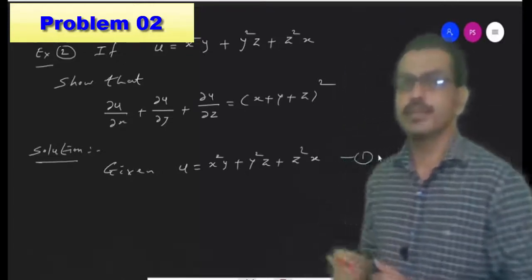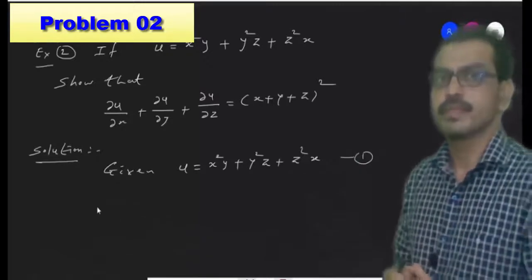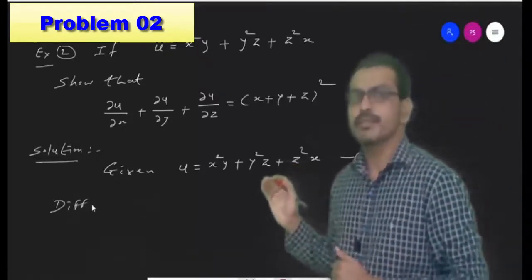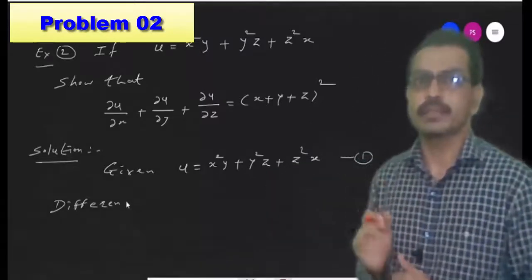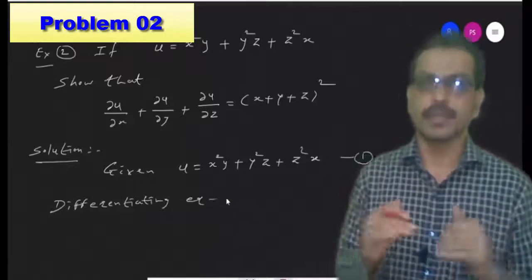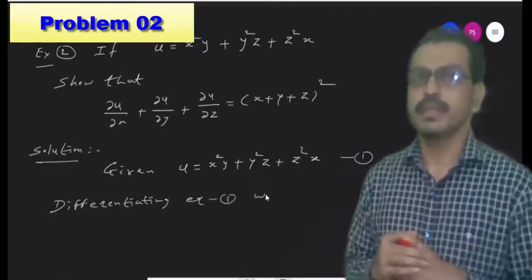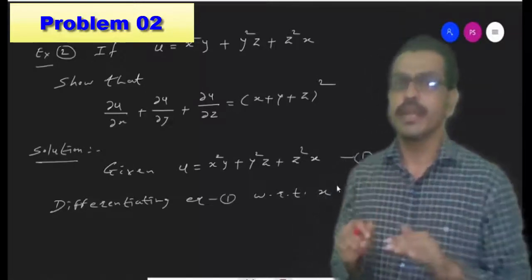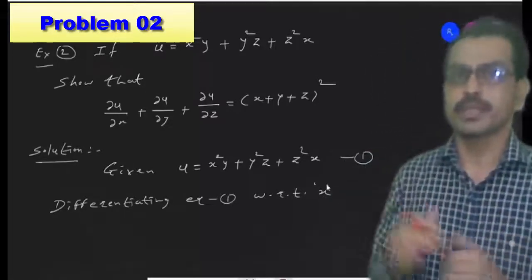Say equation number 1. Here first, differentiating equation 1 partially with respect to x, treating y and z as constants.